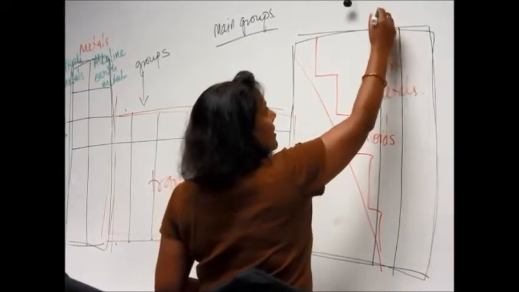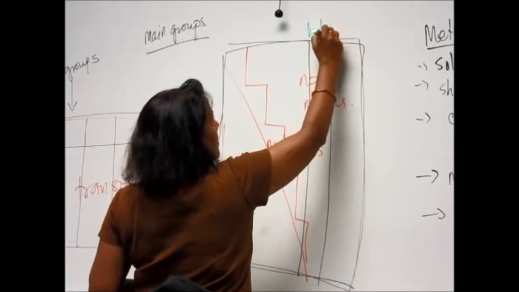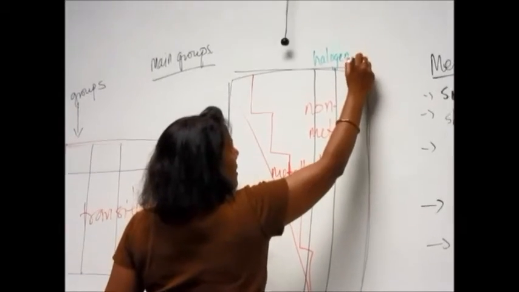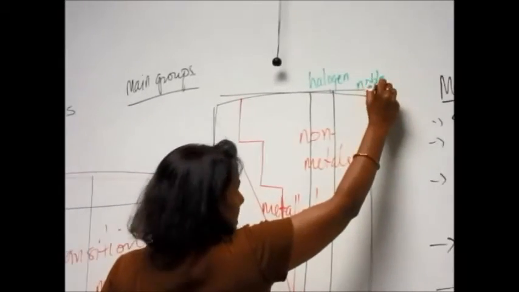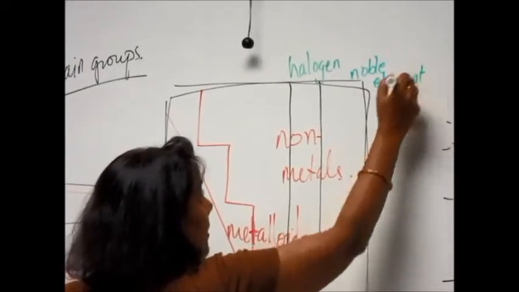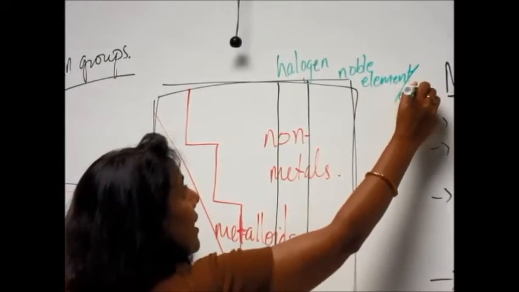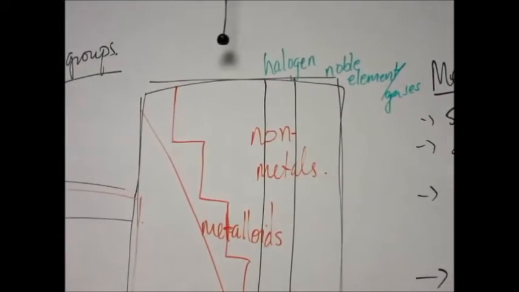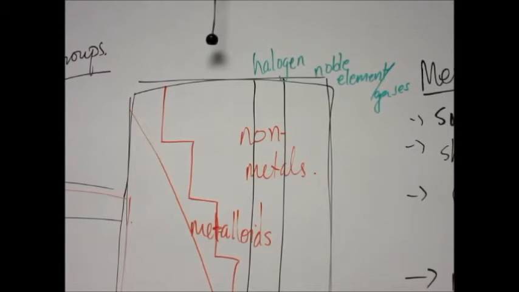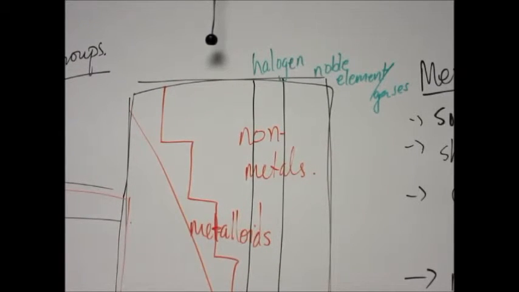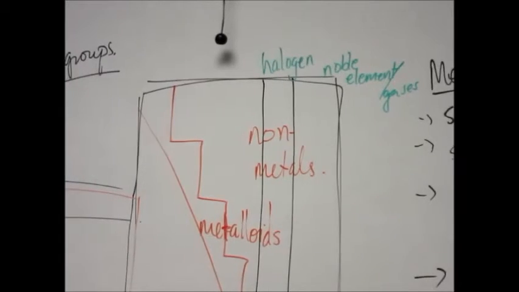Group number 7 is called halogens, and group number 8 are the noble elements. They're also called noble gases actually. You can call them either, I'm fine with that, because really group number 8, by the time you get there, those are all gases. So that's your classification of the periodic table.